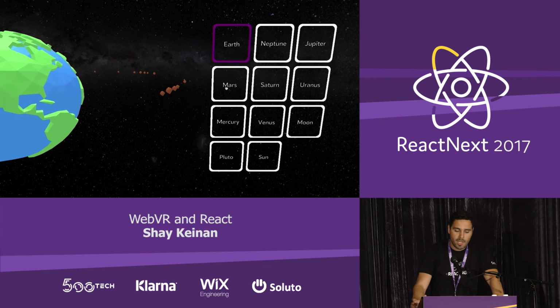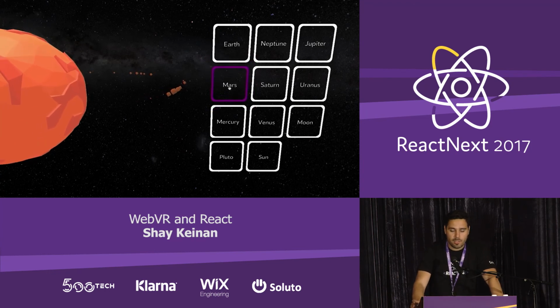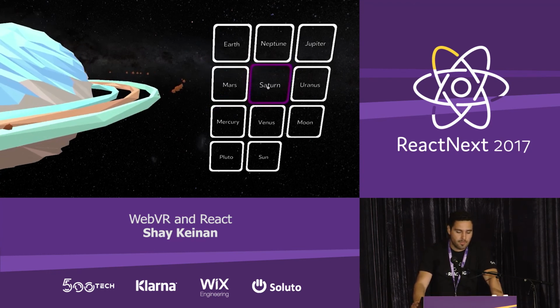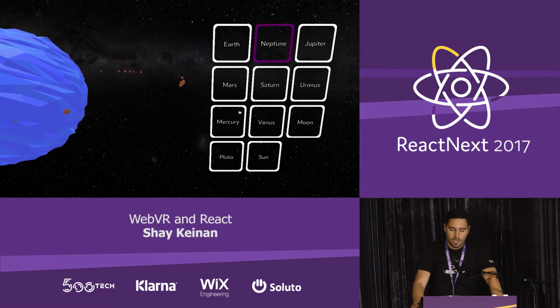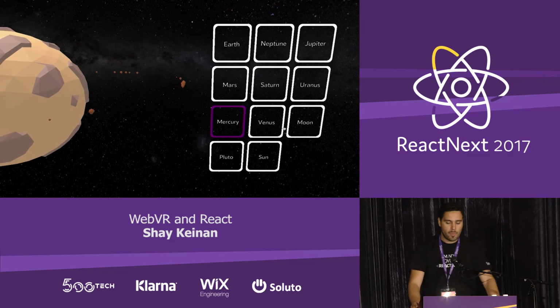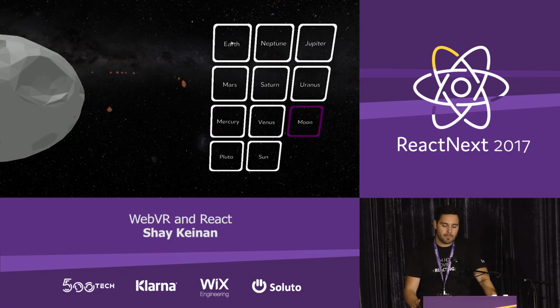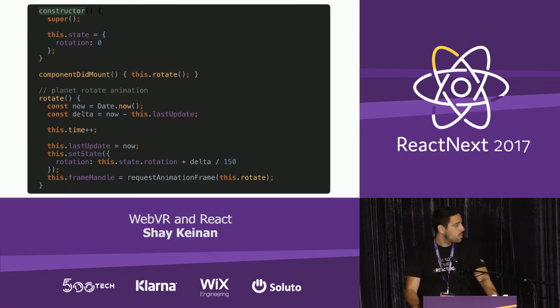To make our scene more interesting, we can add animation to objects and layouts. There are two ways to create animations in React VR: using the Animated library or manually with requestAnimationFrame. This is an example of requestAnimationFrame. What I want to do here is rotate a planet.